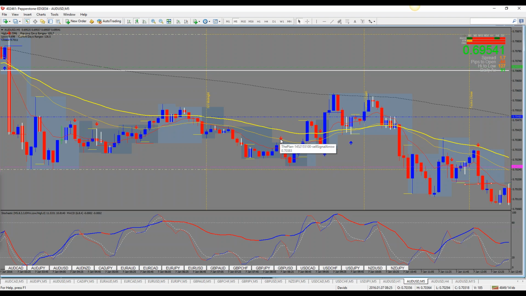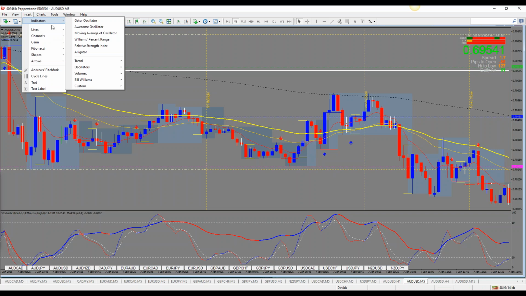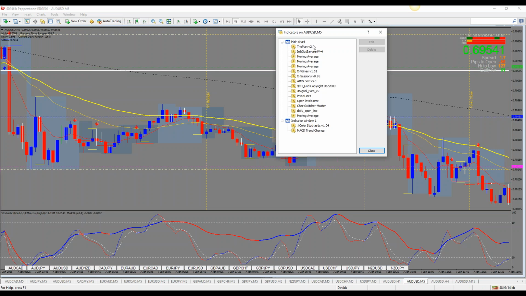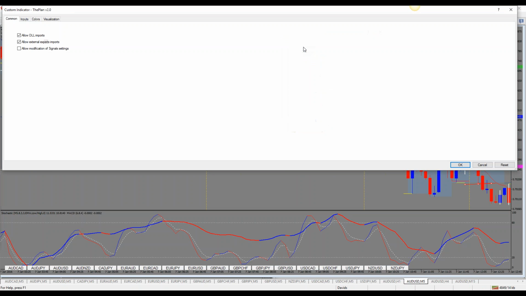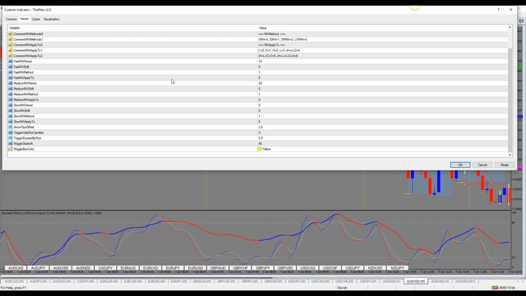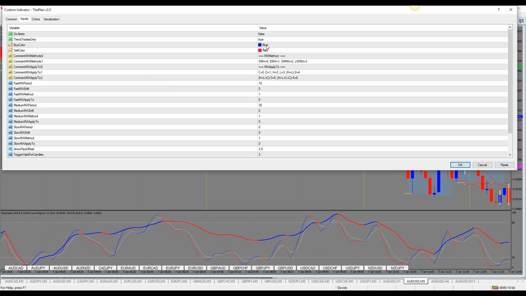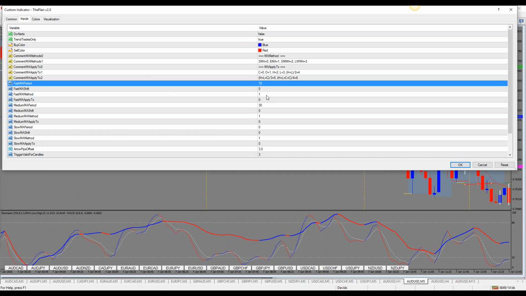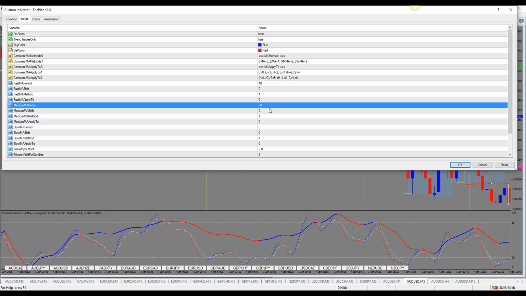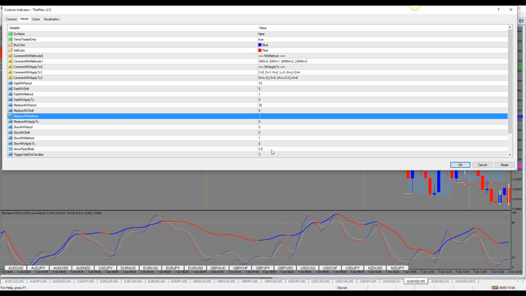So if I look at my indicator list, I have the plan, which is one of my indicators. Basically, it's the 10 moving average, an EMA, and it has to be in line with the 30 moving average, which again is an EMA.